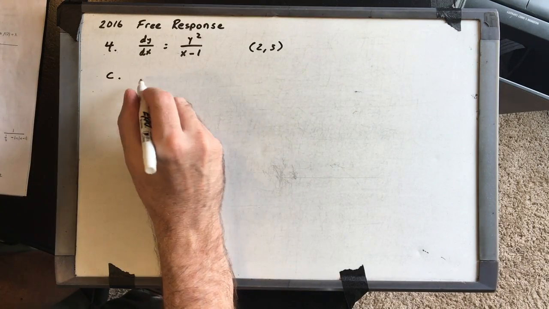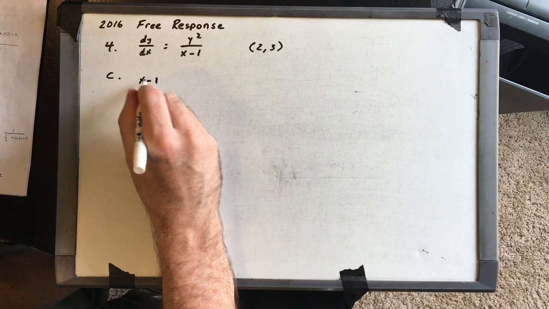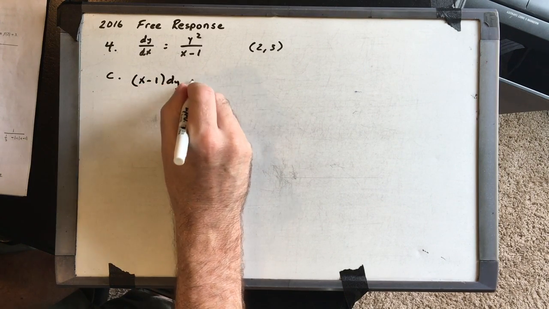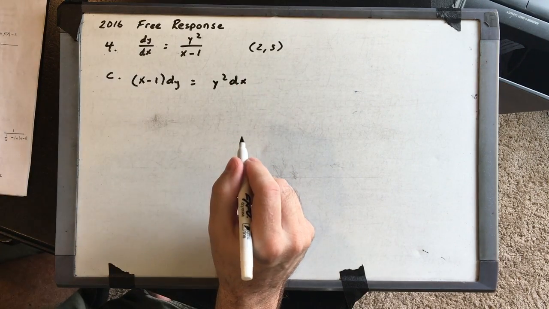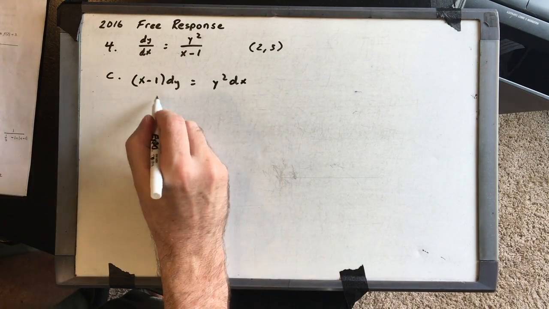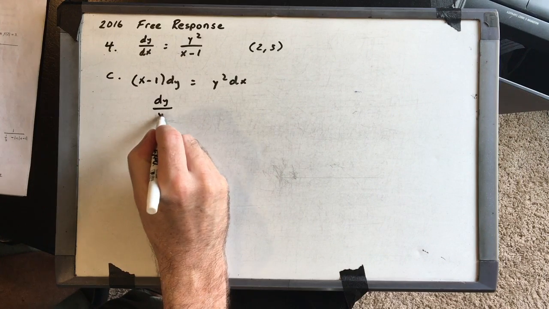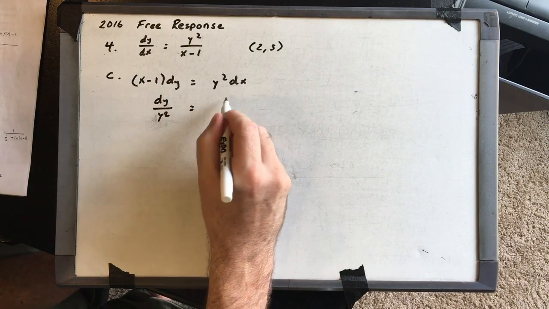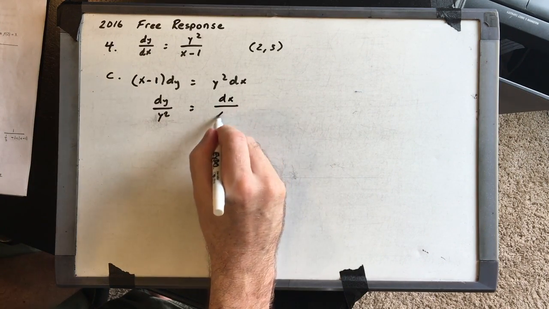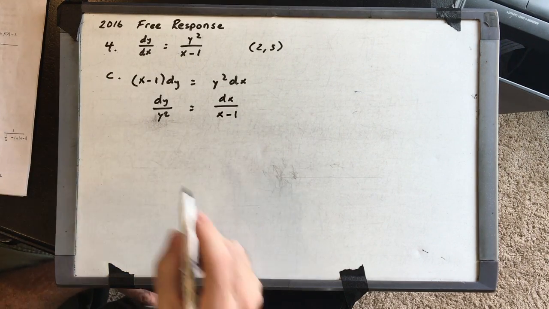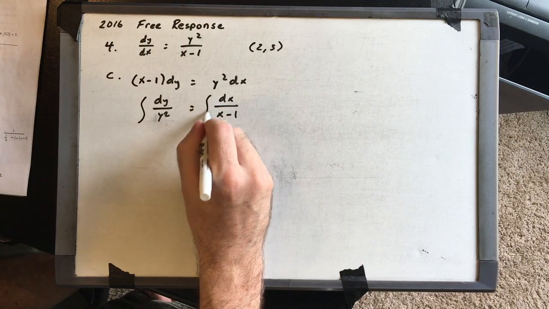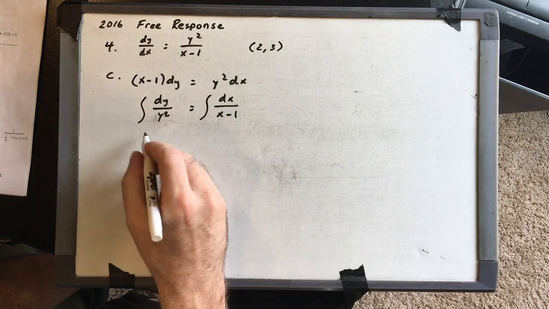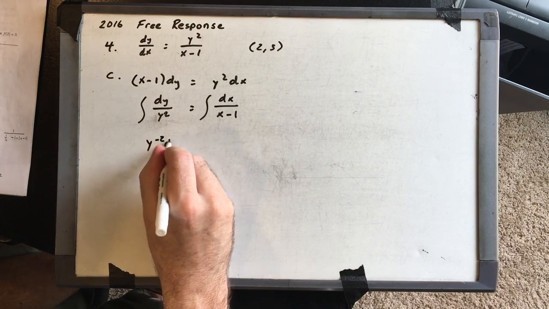So I'm going to cross multiply. We'd have x minus 1 times dy is equal to y squared times dx. And then I'm going to pull that y squared over here, dy over y squared, and bring the x minus 1 underneath over here. So our variables are separated. We've got to integrate. That's the same as y to the minus 2 dy.